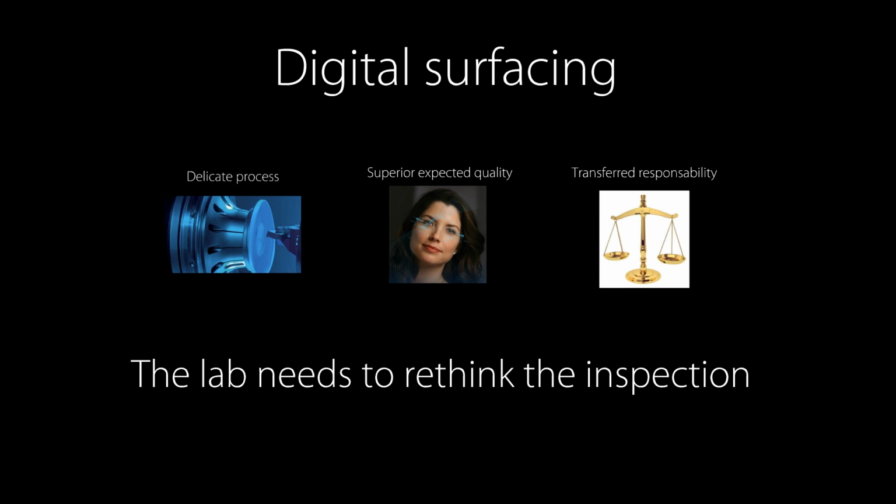First, the process is delicate and requires continuous maintenance. Second, the quality of the final product is expected to be higher. And third, the responsibility for the manufacturing of the progressive surface has been transferred from the blank manufacturer to the lab.